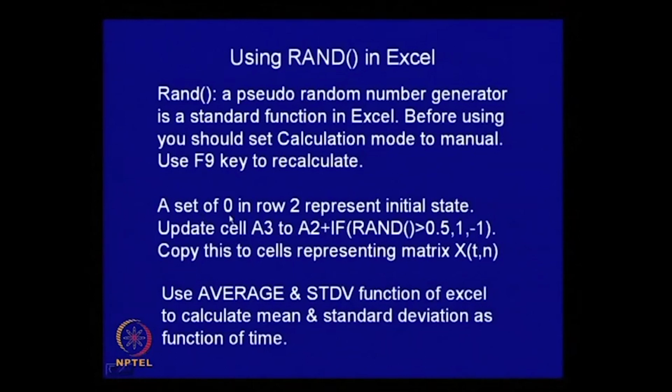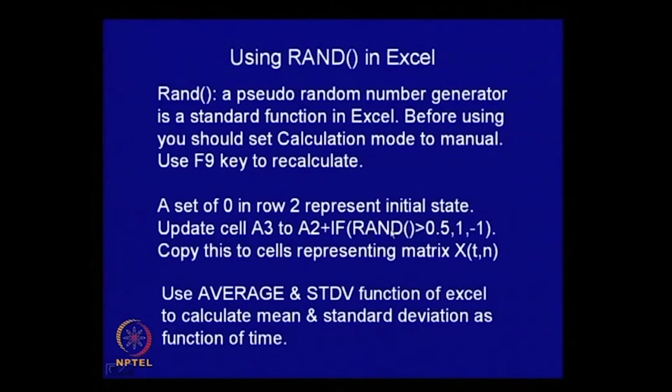Then put a set row 0 in row 2, and this represents that initial set. Then update all cells down below this using this expression. This expression can be entered and copied. It will be A2 plus a conditional statement: if the random number is greater than 0.5, where the random number generator generates a number between 0 and 1, the probability is half basically.